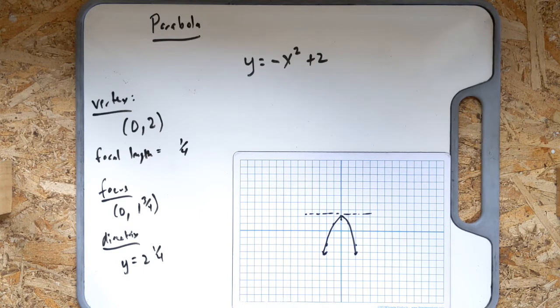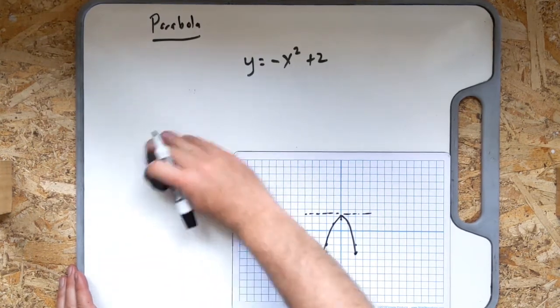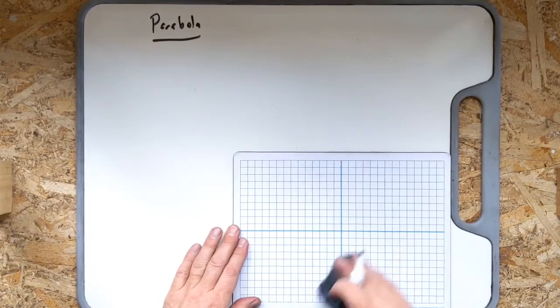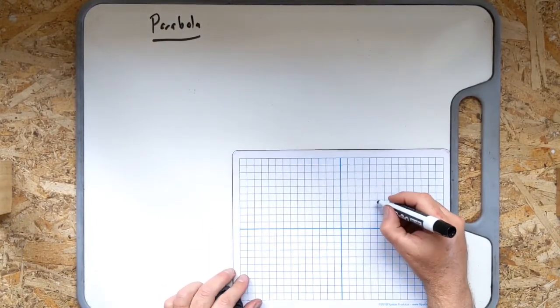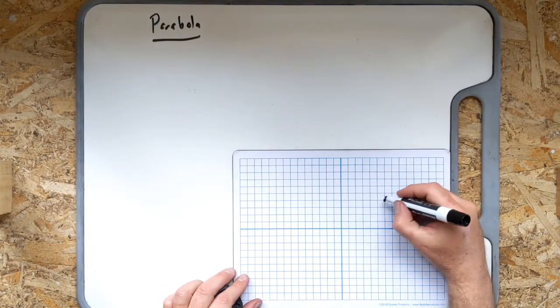Okay, this is the last thing we'll do on this video, and I'll do horizontal parabolas separately. You can also get equations from the graphs. So let me do that. Let's just draw a parabola over here.